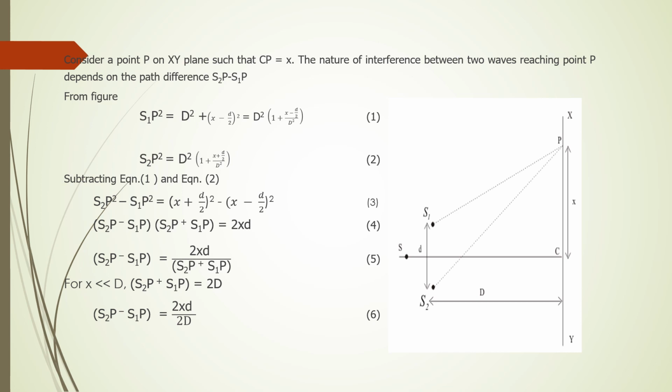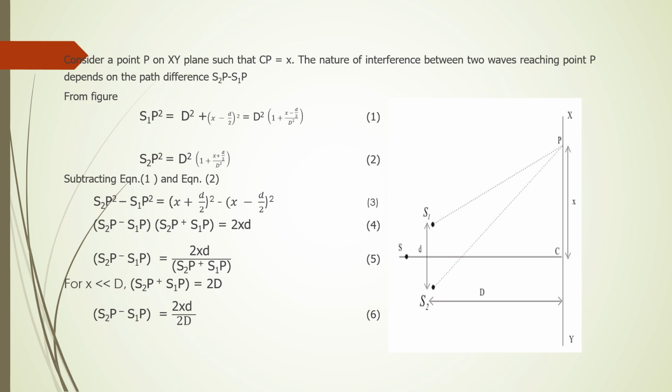S1P squared is D squared plus (x minus d by 2) the whole squared, and S2P squared is D squared plus (x plus d by 2) the whole squared. Subtracting both equations, S2P squared minus S1P squared is equal to 2xd.